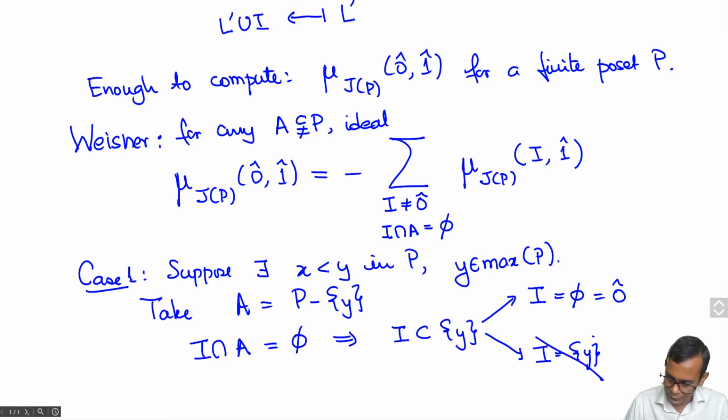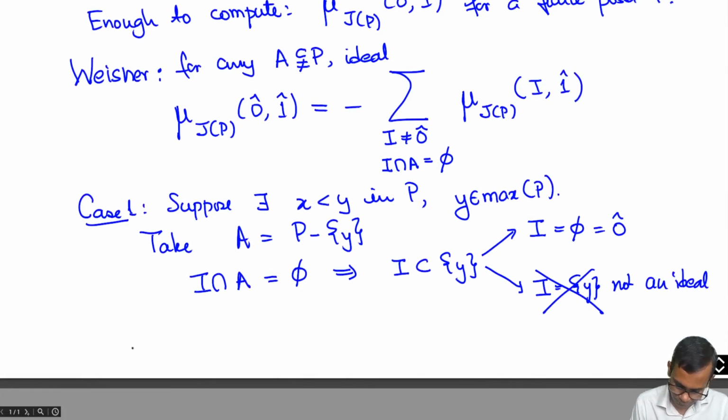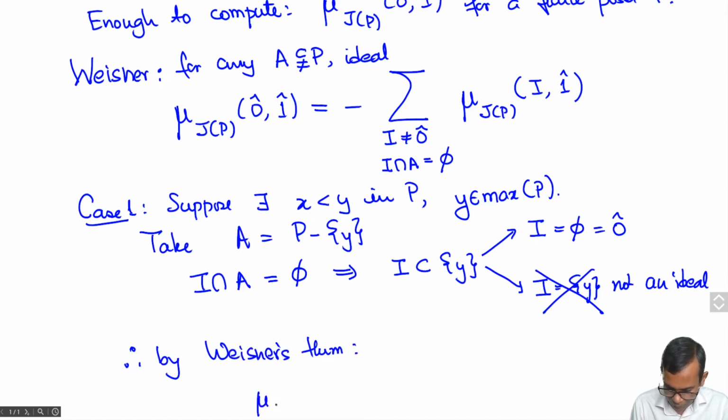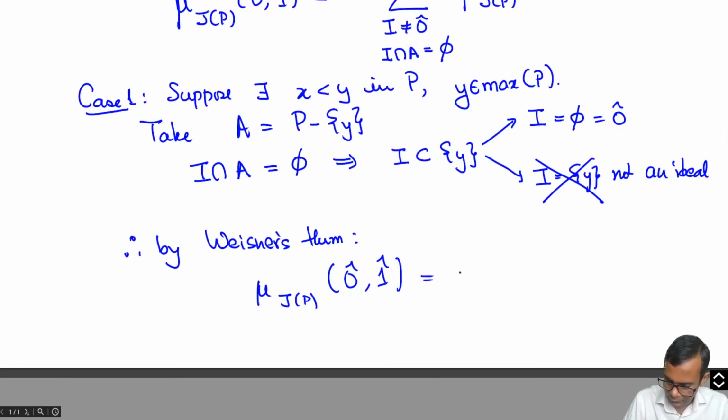So this is not an ideal. And so the sum here is the empty sum. We have mu Jp 0 hat 1 hat equals an empty sum which is 0.